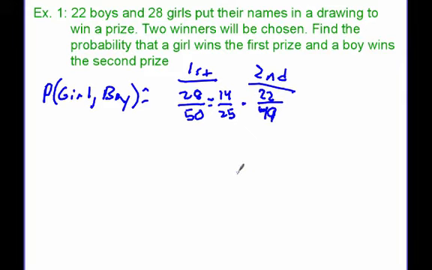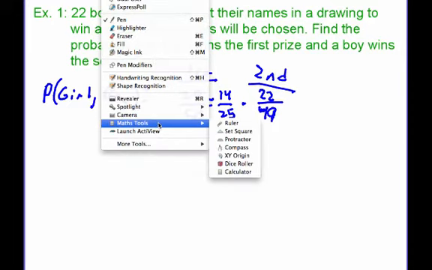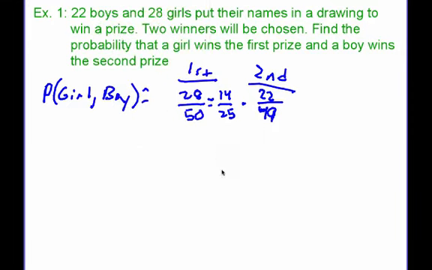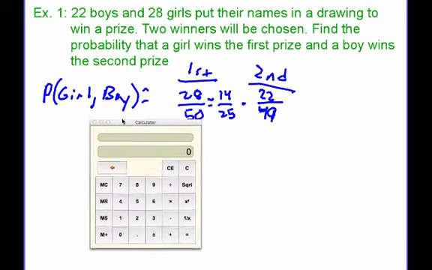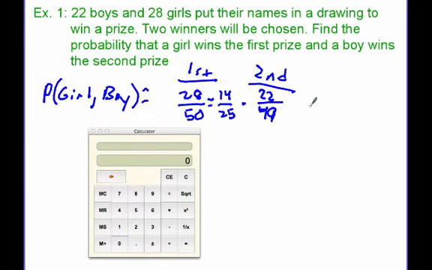So, to figure this out, we're just going to multiply these two things together. And I am not going to try and do that in my head. So, we know our probability of a girl winning first prize is 14 out of 25. Probability of a boy winning second prize is 22 out of 49. So 14 times 22 is 308.